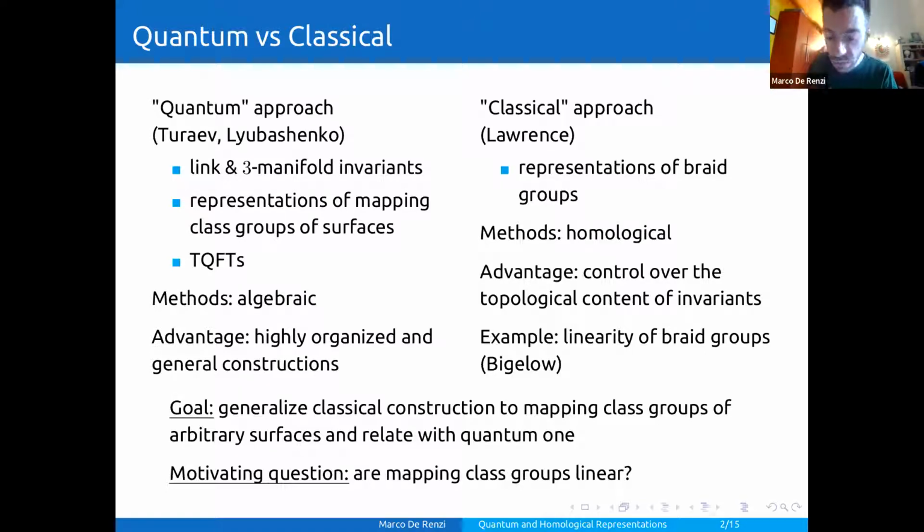This is very nice, but on the other hand, these constructions have a very abstract flavor. And while performing them, we quickly lose sight of what kind of topological properties are measured by the invariants we are constructing, right?